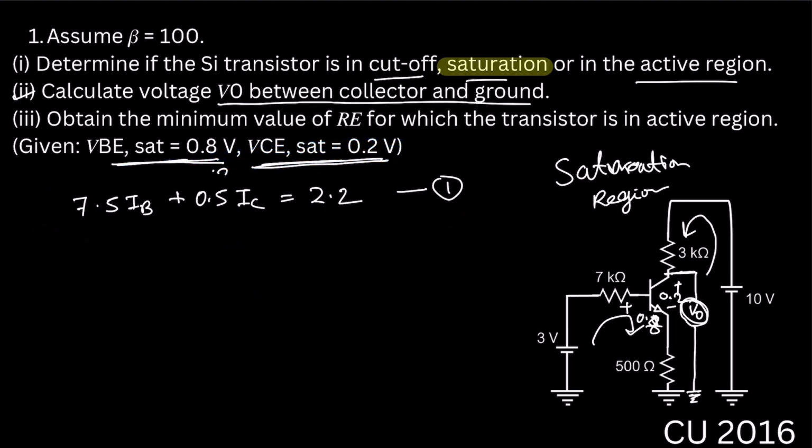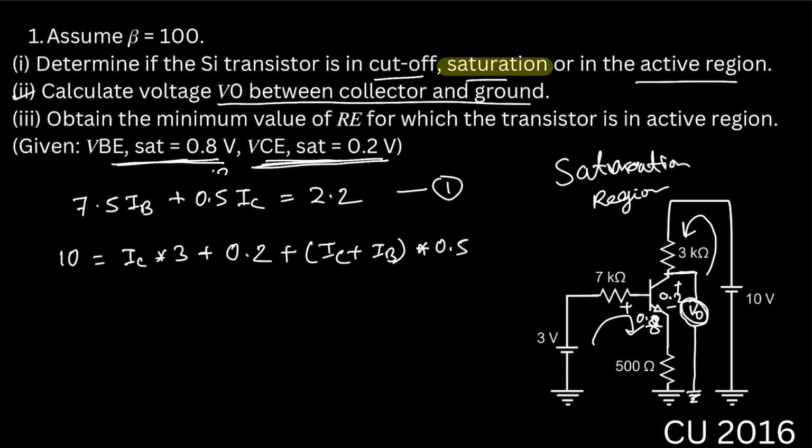So for the other equation, we will apply KVL at the output loop. So we will get 10 equal to IC into 3 plus VC. What is the value of VC? VC will be 0.2. As you can see, VC is at 0.2 plus IE into RE. IE will be (IC plus IB) into 0.5.